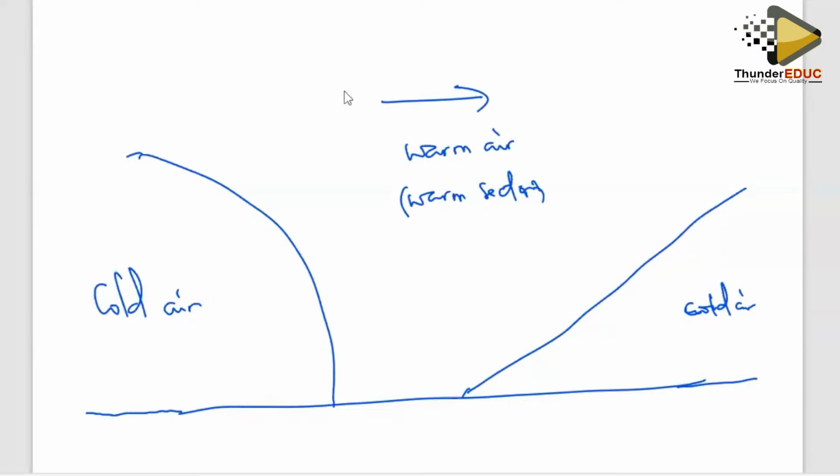It's pushing faster towards warm air, while warm air pushes gradually towards cold air on the warm front. This is our cold front on this side, and this is our warm front on this other side. So this front has a general gradient, and this front has a steep gradient.